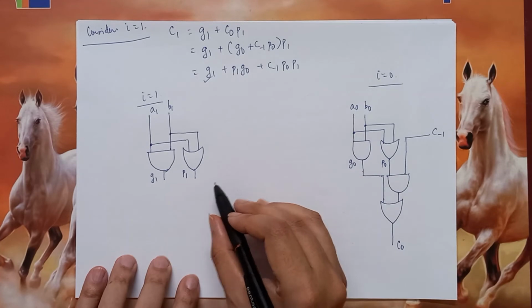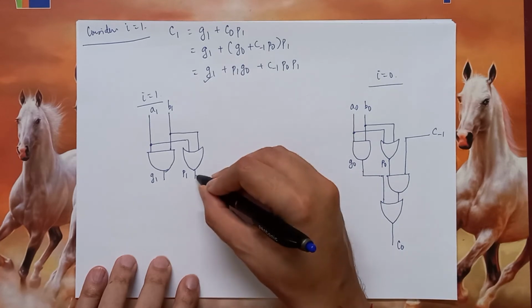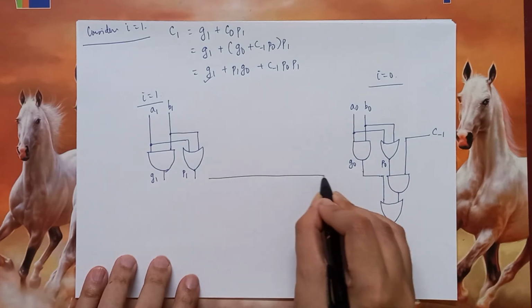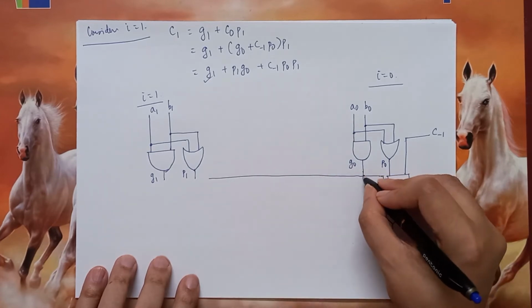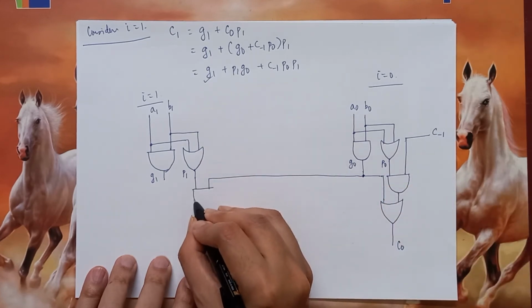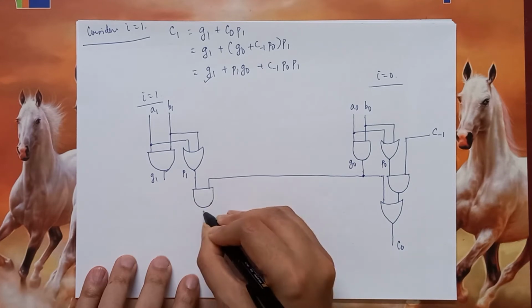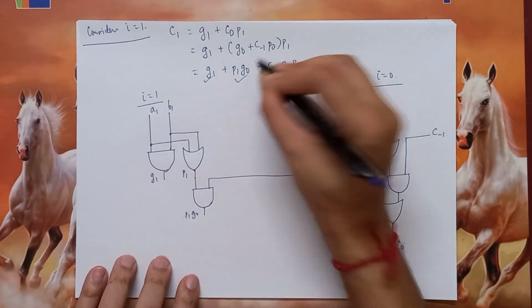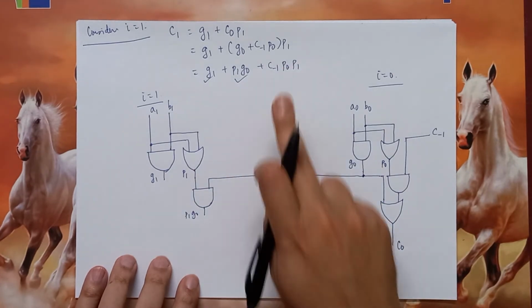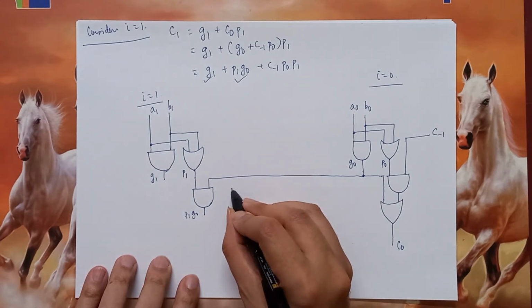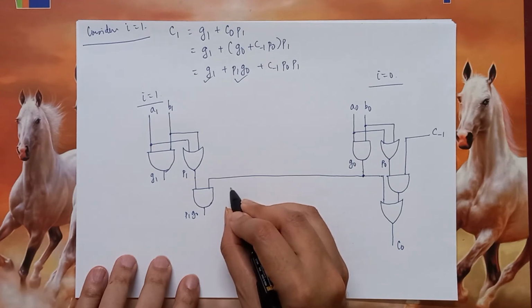So therefore we will need one AND gate. Let us say I am bringing the G0 from here. This will give me P1 G0. This term is also done. And finally, we need this P0, P1 and C minus 1. So one more AND gate, let us say.